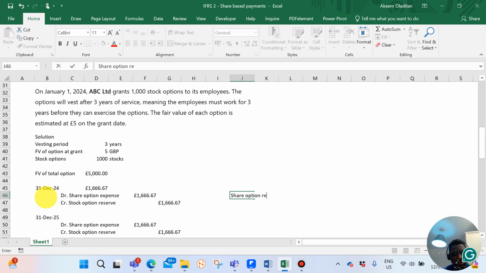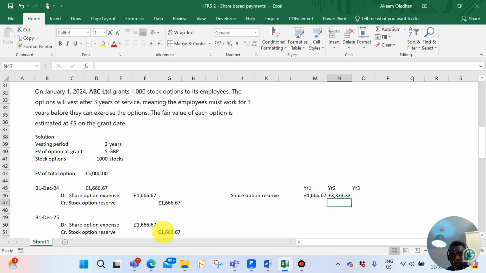Year 1 will be that value, year 2 will be cumulative, the value will continue to grow, and year 3 will be whatever we calculate for year 3.